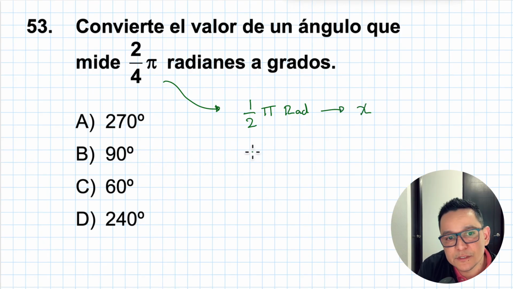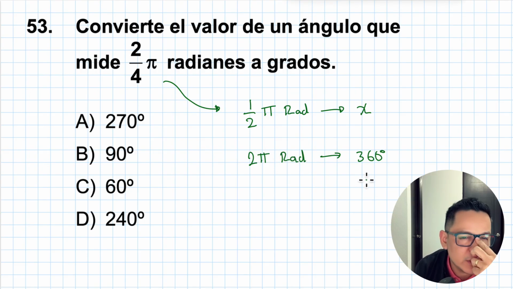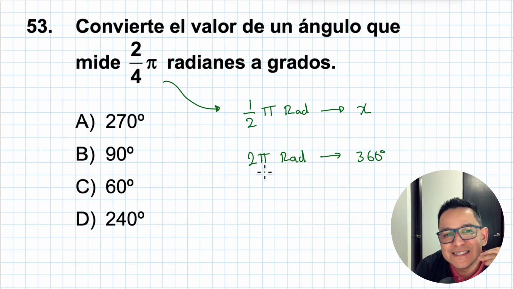What we do know is that 360 degrees is equal to 2 pi radians. This can be done logically, because 360 degrees is equal to 2 pi radians, or in other words, 2 pi radians is equal to 360 degrees.